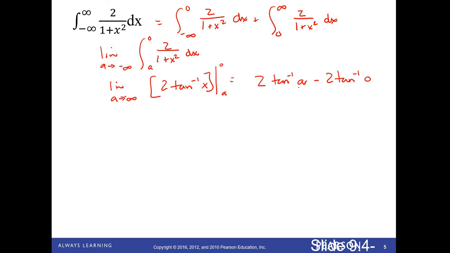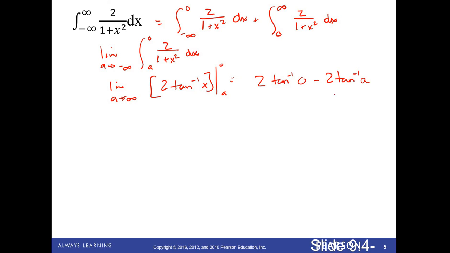Tan inverse of 0 is 0, and that's a. Tan inverse of a as a approaches negative infinity means what angle would give me a tangent value of negative infinity.